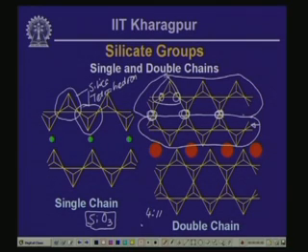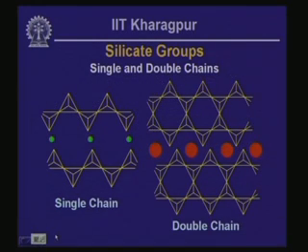So, you are going to get radicals that are Si4O11. This type of radical will keep on appearing in the chemical composition of double chain silicate minerals. We are going to look at individual examples of these types of minerals in due course of this particular lesson.